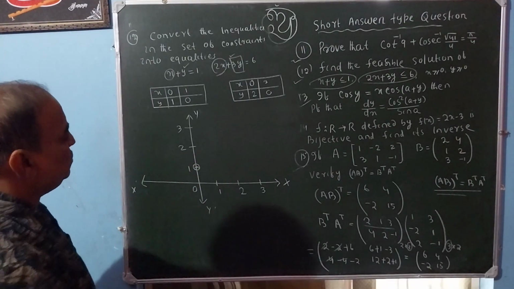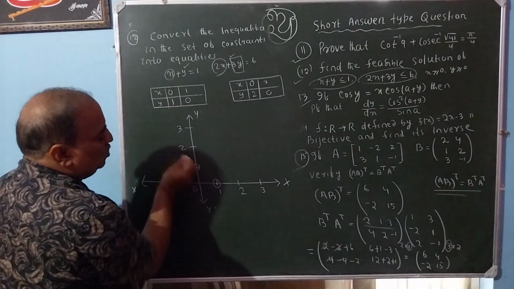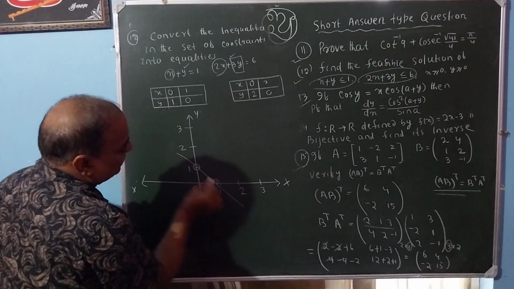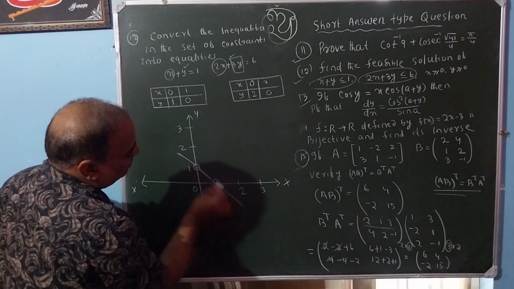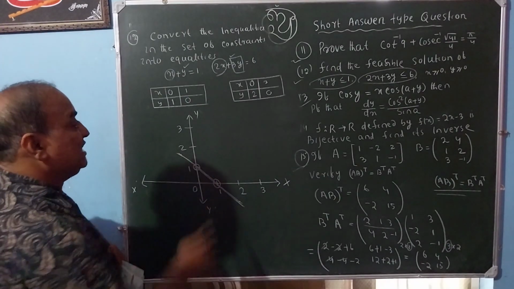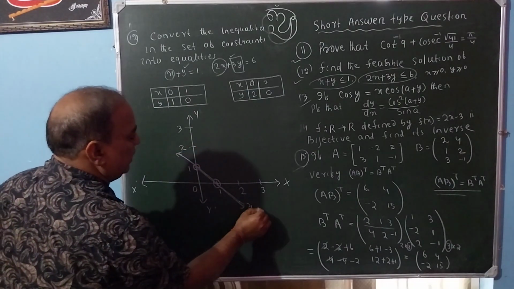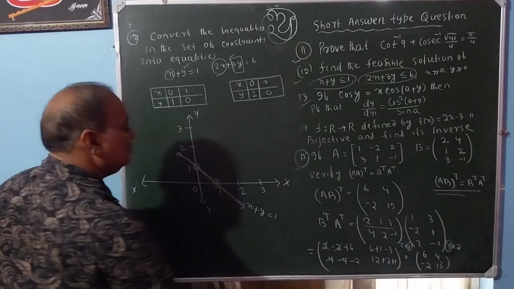When y is equal to 0, x is equal to 1. Join these two points using a scale, and we get the corresponding line x plus y is equal to 1.